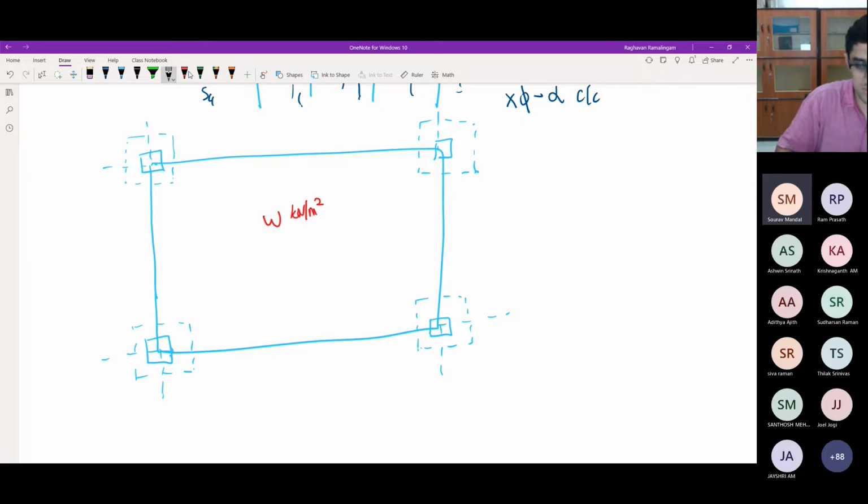So this is some Lx, and this is Ly, the longer one and the shorter one.